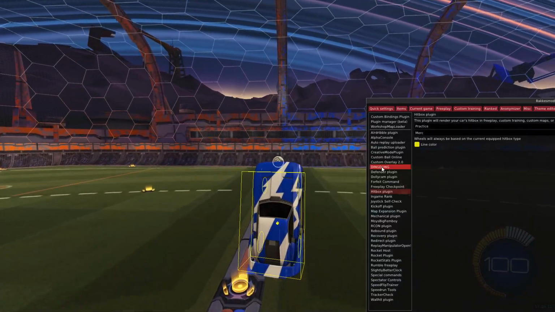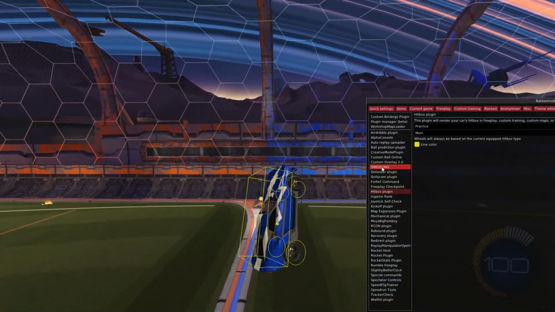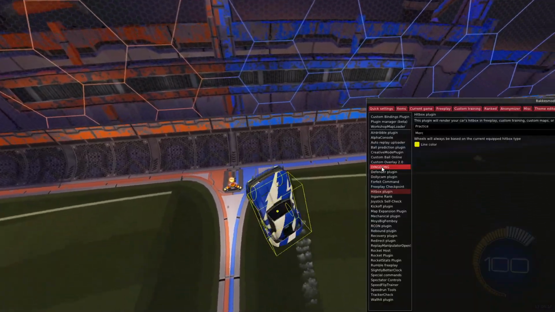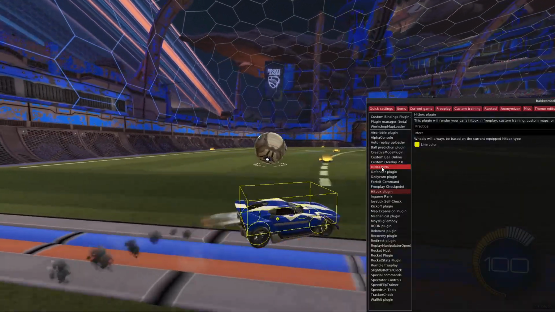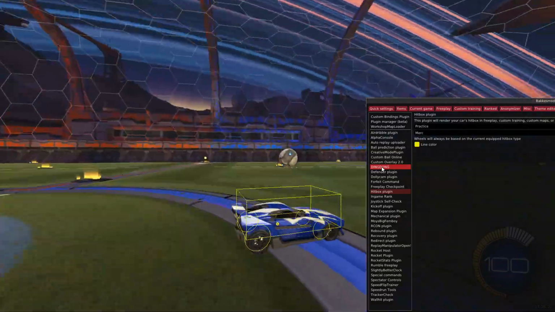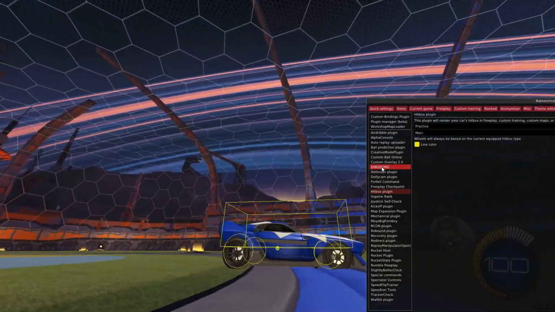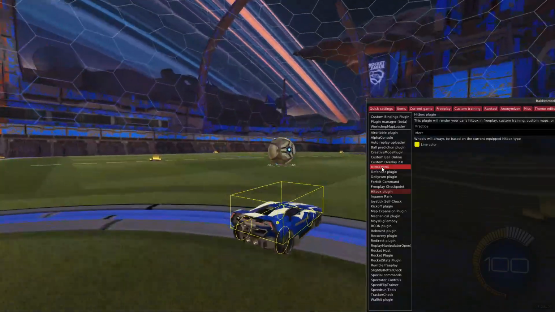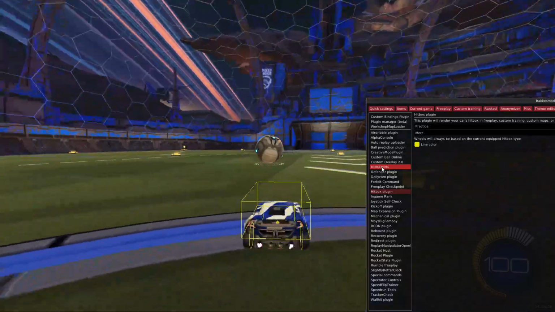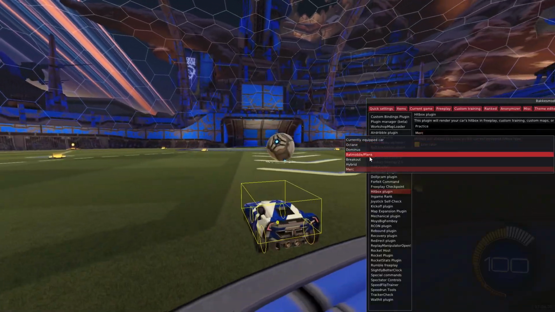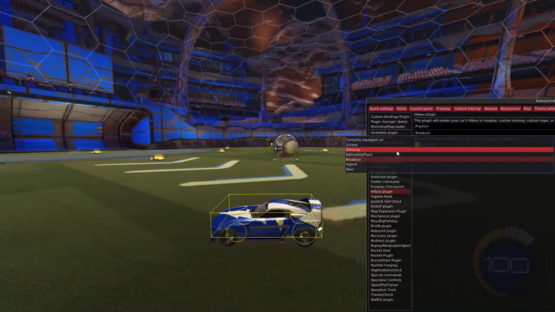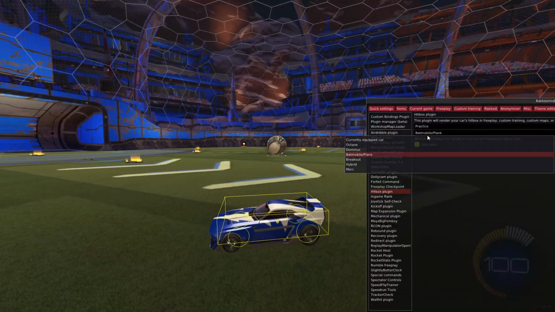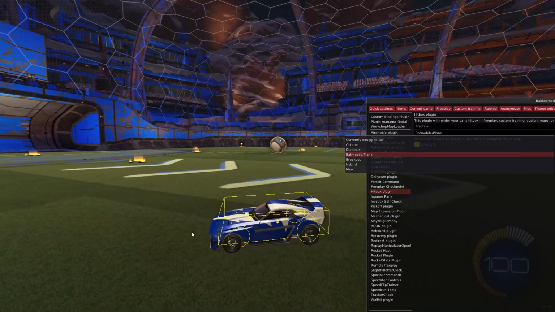If you try to go from one angle to another, push it, try to go under the ball, anything you want to try to do with an air dribble is going to take much longer, which is why you don't want this height. The taller the car, the worse it is for air dribbling. The shorter the car, the better it is. So, Breakout is the second shortest car, and then Plank is the shortest in height, right?